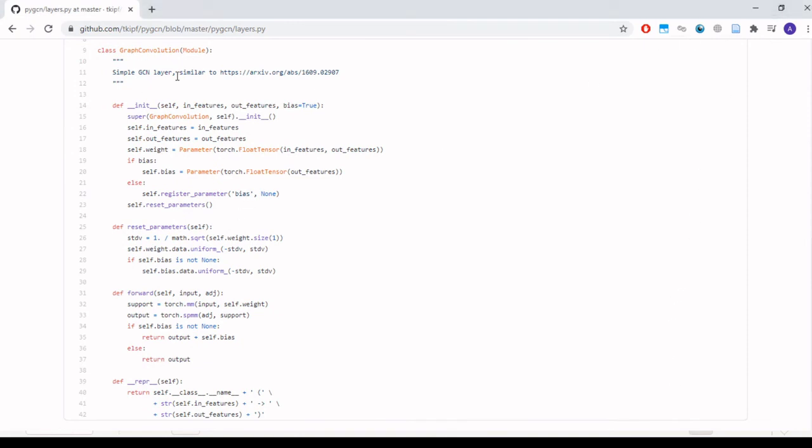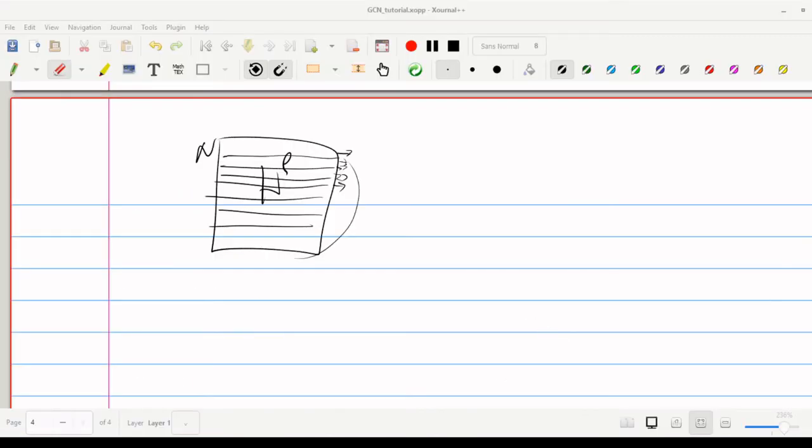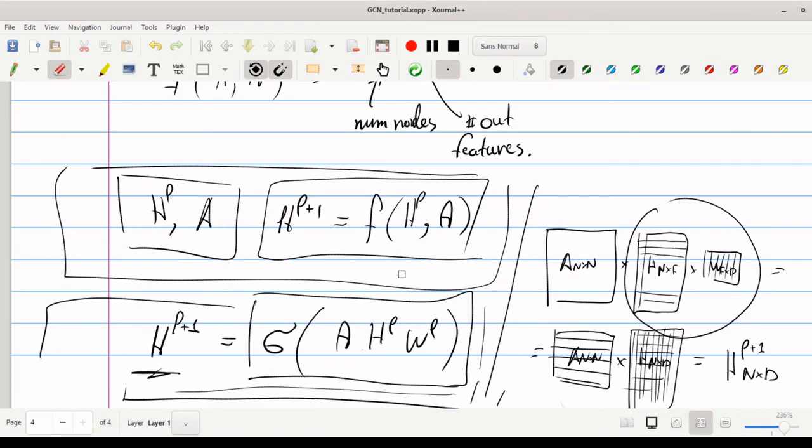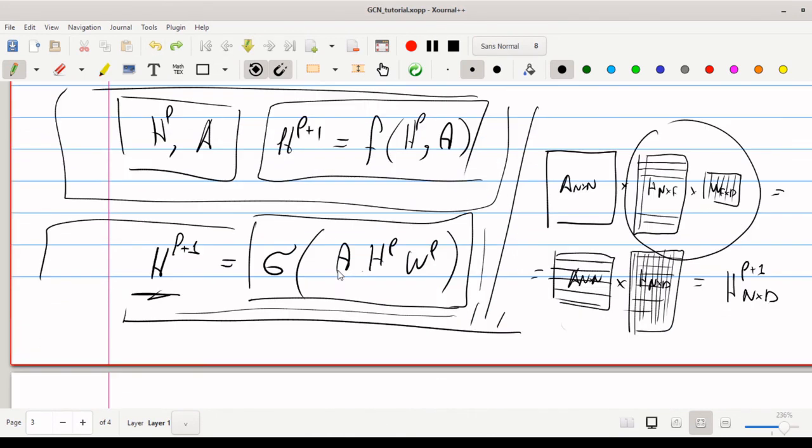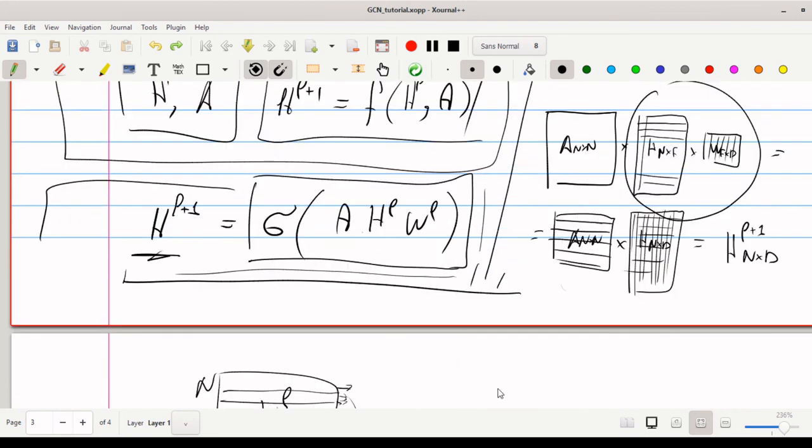This GC layer is the building block of everything that we were doing, and it corresponds to this transition that we were speaking about earlier. So one layer performs this operation, and as long as we can stack those layers and combine them, we have the network essentially implemented. We just need to repeat this layer a couple of times, and we have the model.